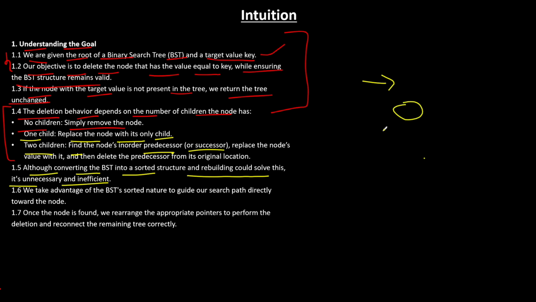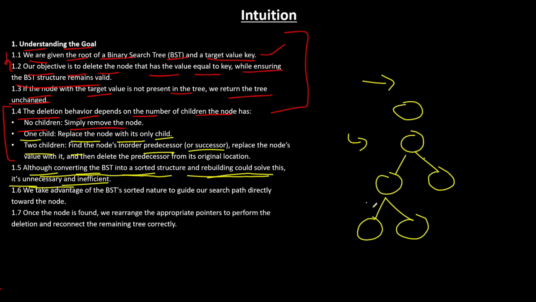Or secondly, you could convert the BST into a sorted structure and rebuild it, but this could be inefficient and unnecessary. Reason being, suppose this is the BST. You have to delete this node. What will you do?